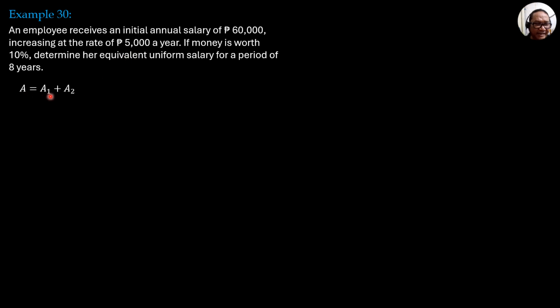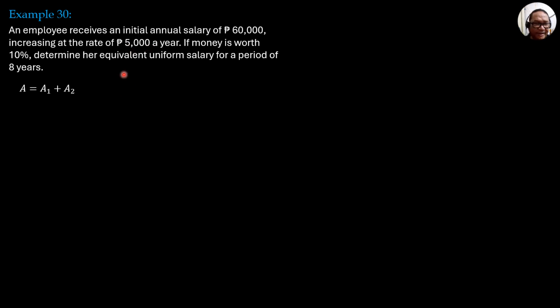So A is equal to A1 plus A2, where A1 is already 60,000 and A2 is the average of this annual increase for 8 years, which is equal to G sub A, where G sub A is 5,000.